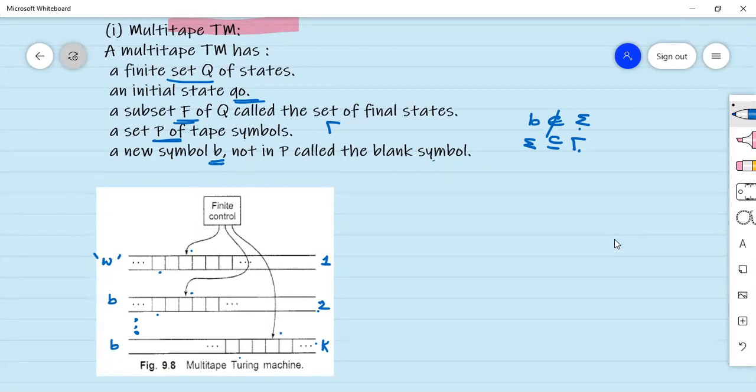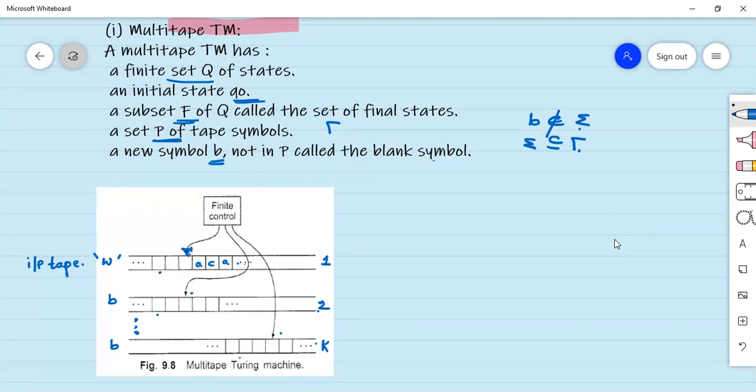So the head of the first tape, we call it an input tape because it has an input string. So this read and write head of the input tape in the beginning will point to the left end of the input. So if the input begins here, for example, input could be CAC, something like that, it will point to the left side of the input.